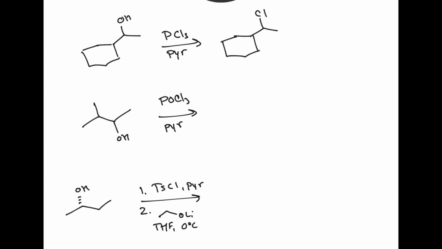What am I going to get for the next one? I'm just going to get the double bond. I'm going to make the most substituted double bond. All right, I'm still going to follow Zaitsev's rule. Make the most substituted double bond that I can. There we go.